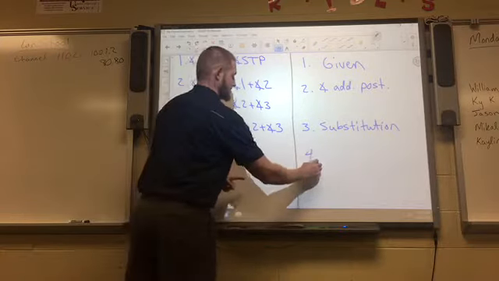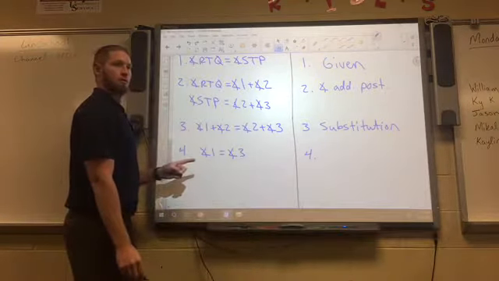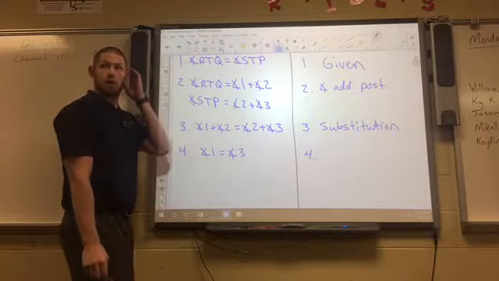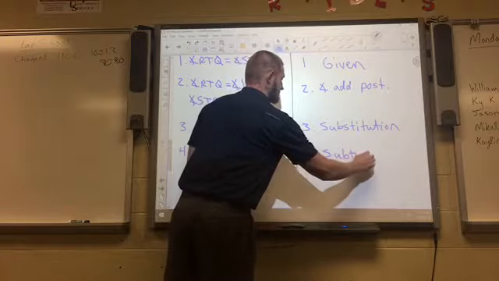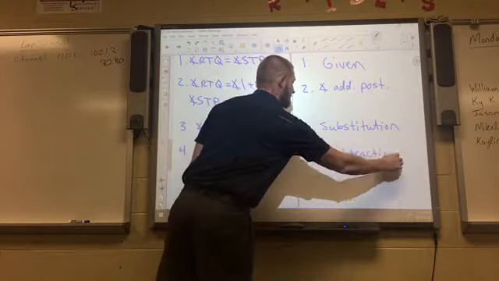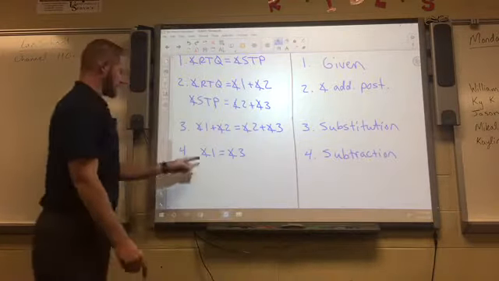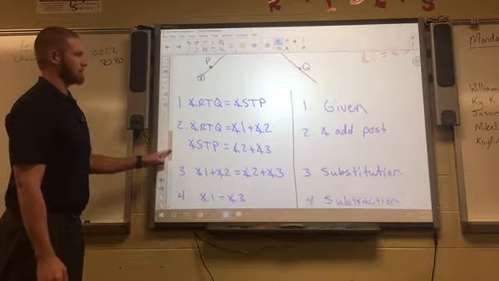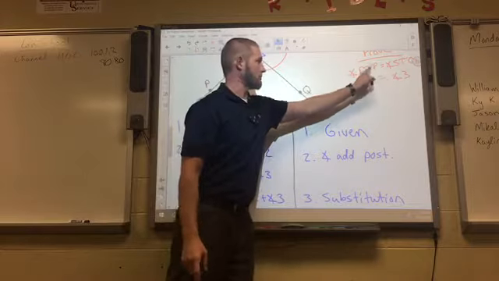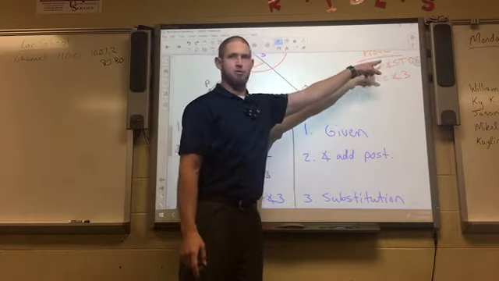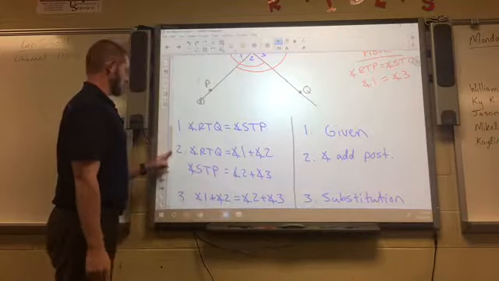What property did I just use? I used subtraction, because I subtracted angle 2 from both sides. Am I done? Is that exactly what we were trying to prove? Angle 1 equal to angle 3? Yeah. Angle 1 equal to angle 3. We wrote it a little different. We wrote it with numbers instead of letters. But it's the same thing, right?